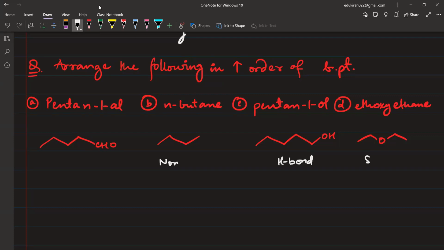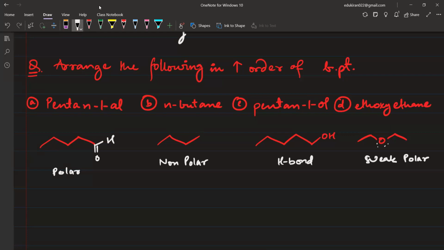Butane is completely non-polar because there are no polar bonds. Here we have slight polarity because of the lone pairs on the oxygen atom, so it is weakly polar. In pentanal, the CHO carbon has a double bond to O and a hydrogen, so obviously the oxygen atom is delta negative. There will be polarity in pentanal and it is a polar molecule.